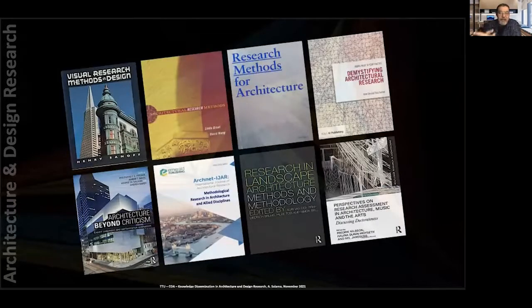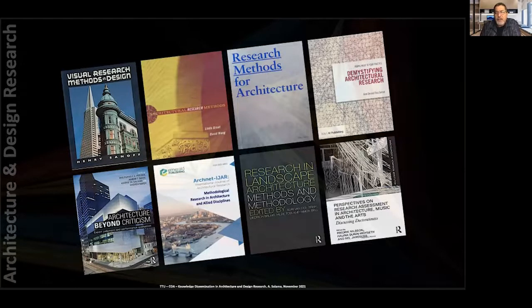There is a wide variety of books and publications that address these qualities in different ways, depending on the focus. Many of them relate to architecture and design research, and from various perspectives: visual research methods, architecture research as it relates to practice, research in landscape architecture, and others are trying to develop arguments on the need for architecture criticism.